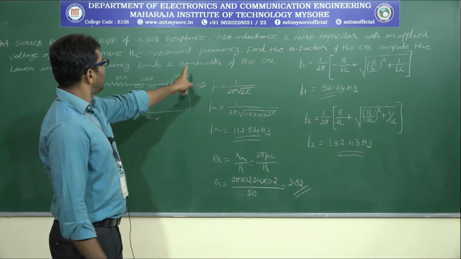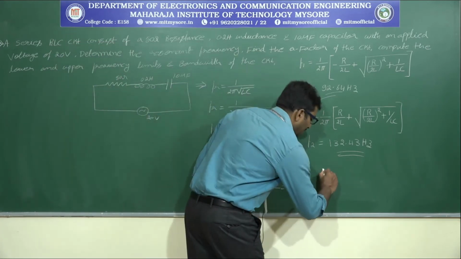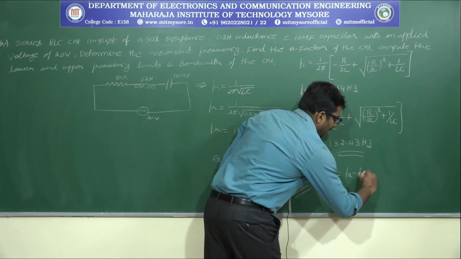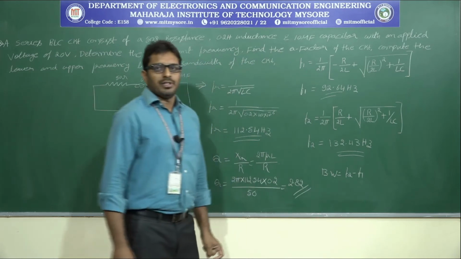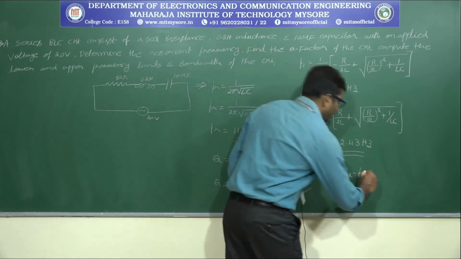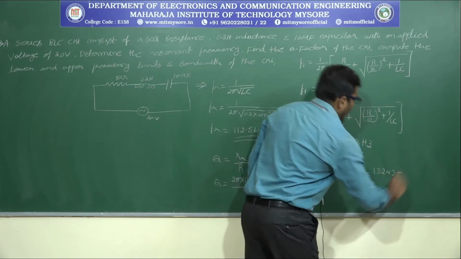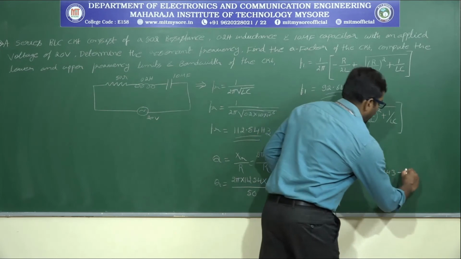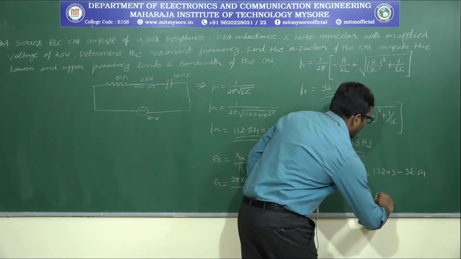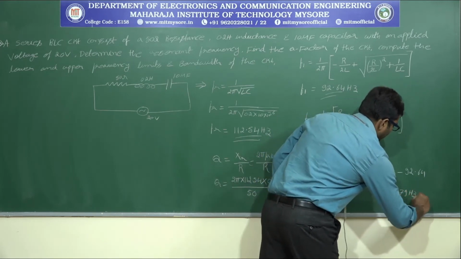The last part of the question is the bandwidth of the circuit. So you know the formula to calculate the bandwidth of the circuit, that is upper cutoff frequency minus lower cutoff frequency, F2 minus F1. What is F2? 132.43 minus 92.64, so we'll get 39.79 hertz.